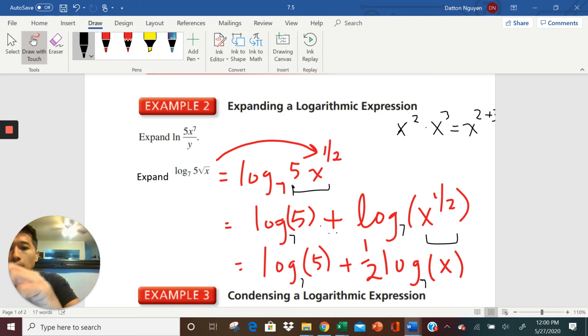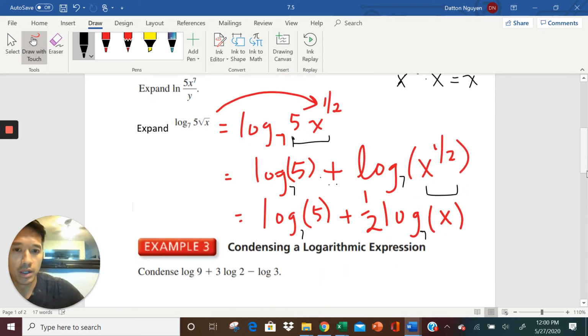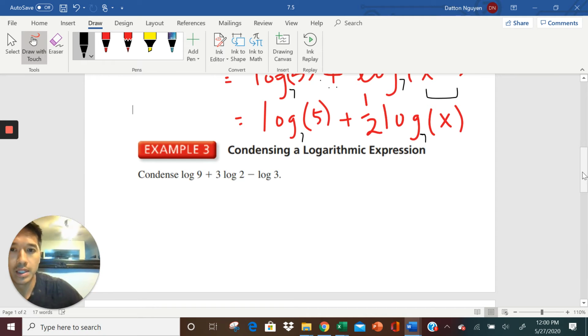Okay. All right. So now let's move down here and take a look at condensing a logarithmic expression. When I condense a logarithmic expression, I'm going to turn it into one log function, not like you see here. There are 3 log functions here.